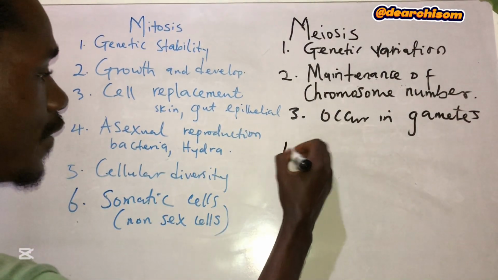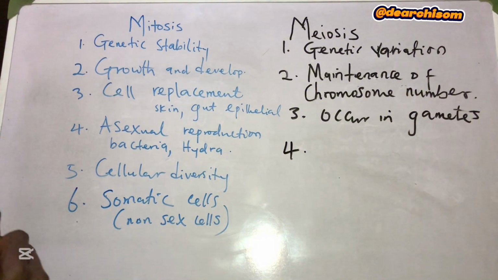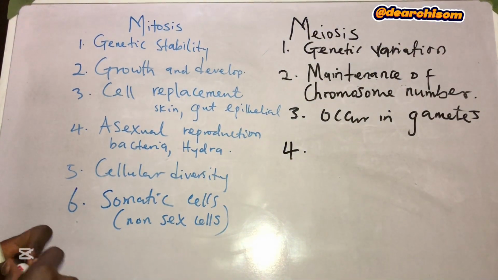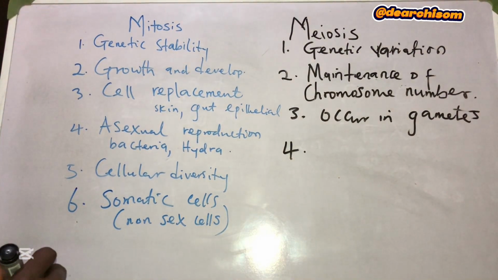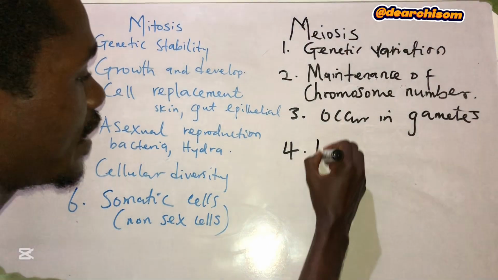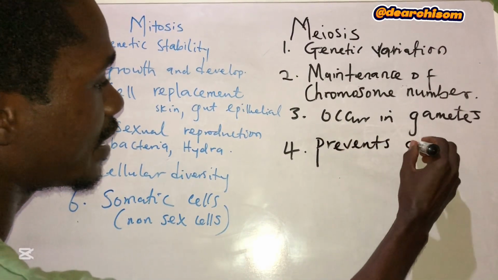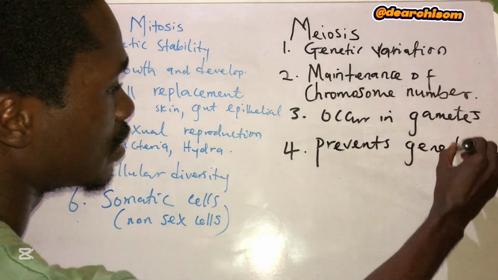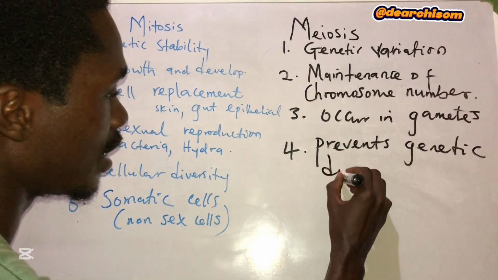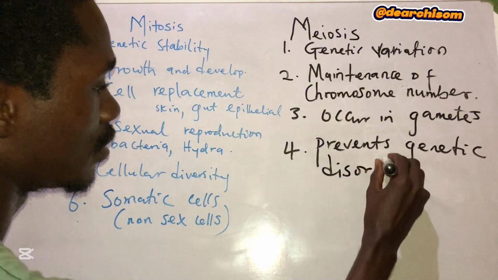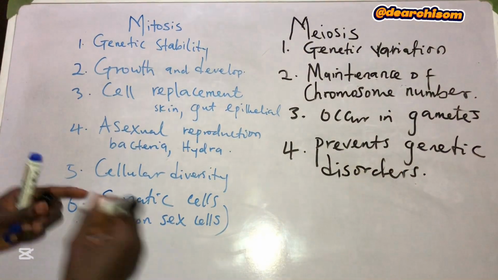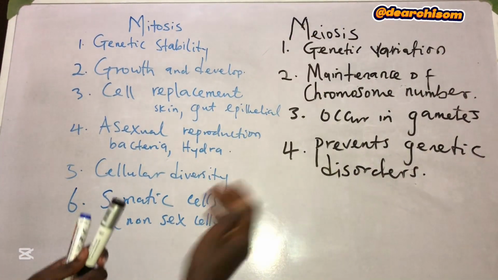Let's look at the fourth one here. The fourth one is prevents genetic disorder. How does meiosis do that?